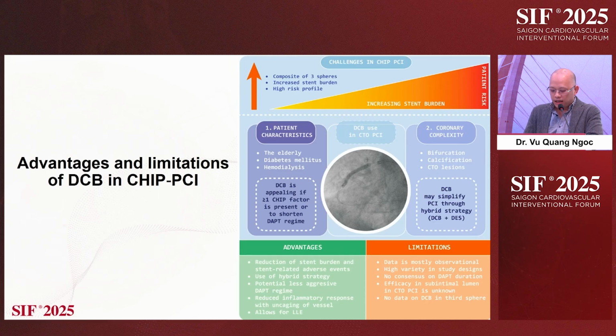There are also potentially less aggressive DAPT regimens, especially for patients with high bleeding risk and elderly patients, and a reduced inflammatory response with no caging of the vessel. But the limitation is that our data is mostly observational, with a high variety of study designs, and there is no consensus on DAPT regimen duration for this group of patients.